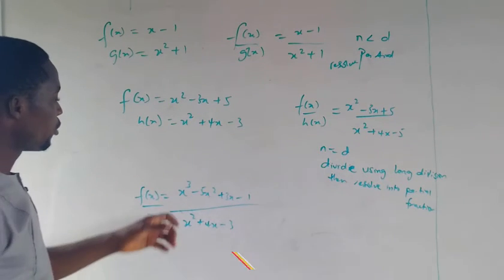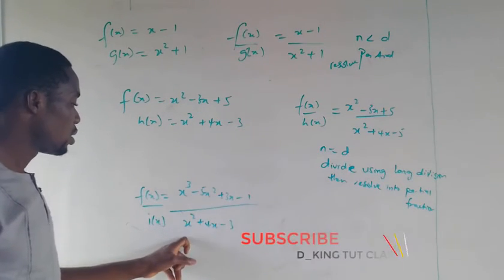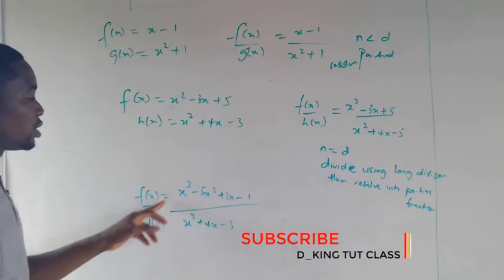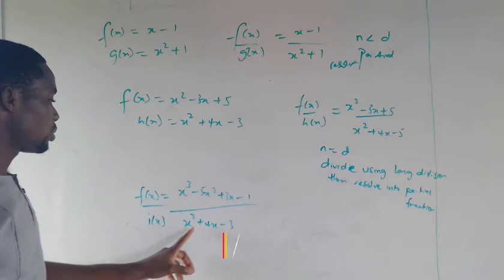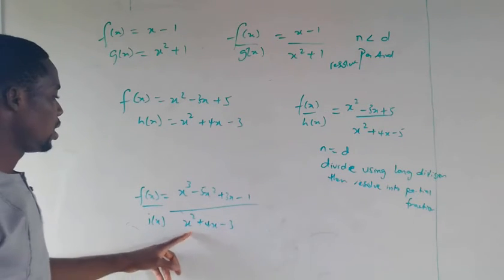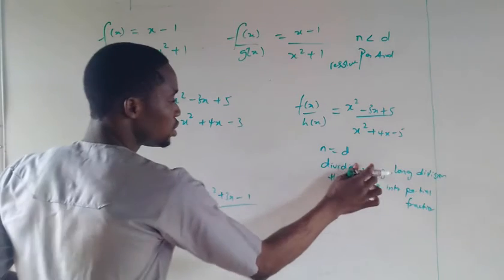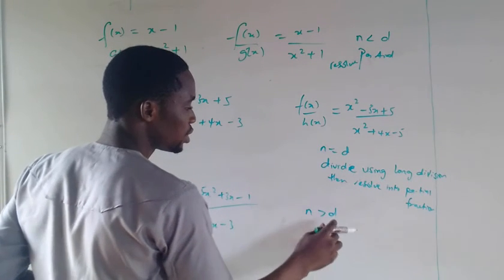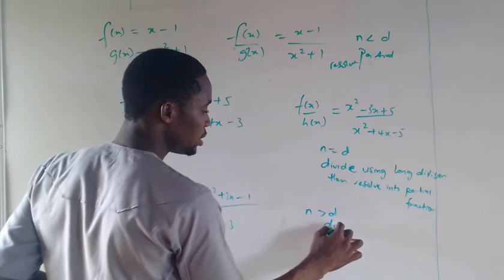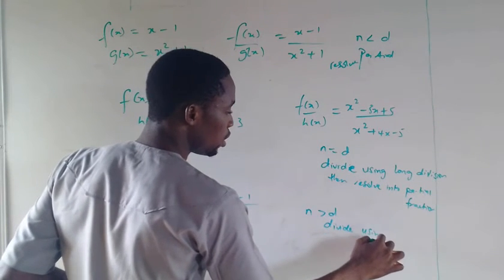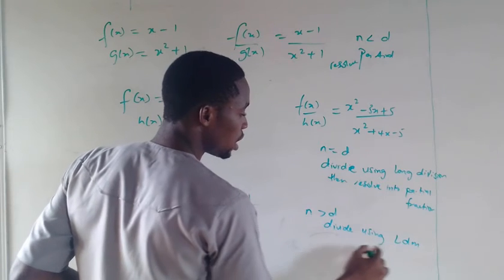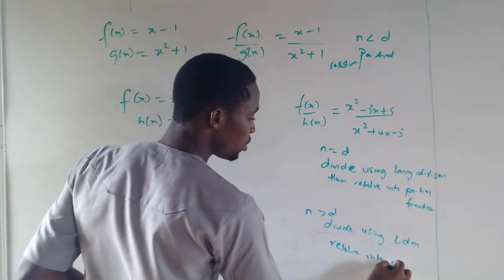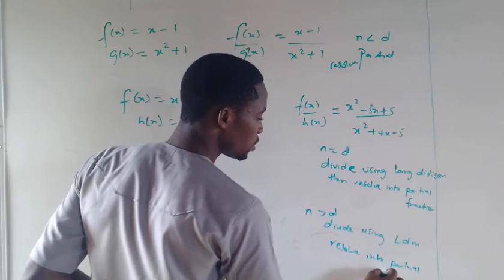In this case, the power of my numerator is higher than that of my denominator, because the numerator's power, which is the function f of x, is 3, and i of x is power 2. In which case, I'm also going to use this same method. So when the numerator's power is greater than the denominator's power, I'll first divide using the long division method. Then I'll resolve into partial fractions.